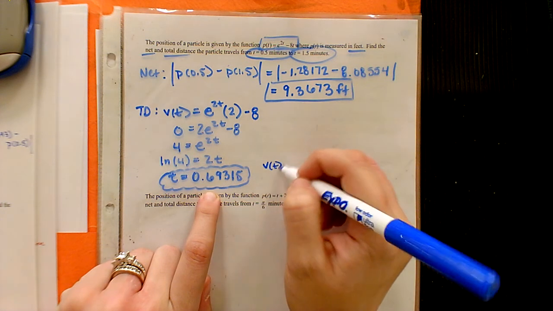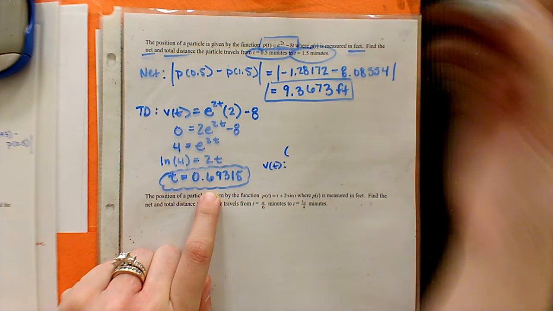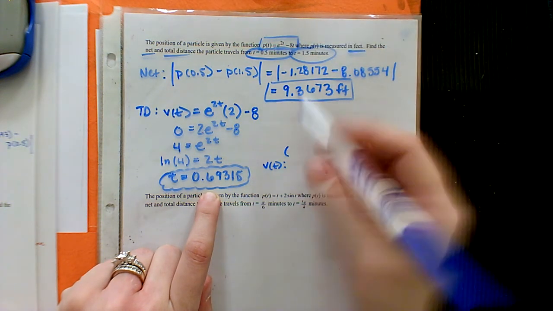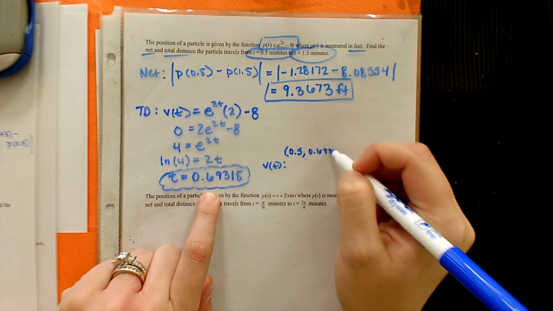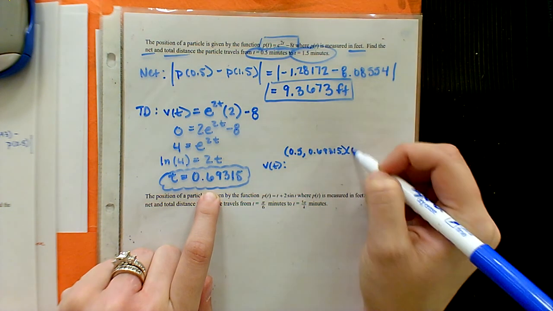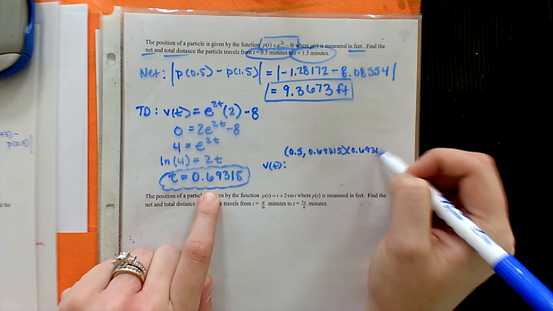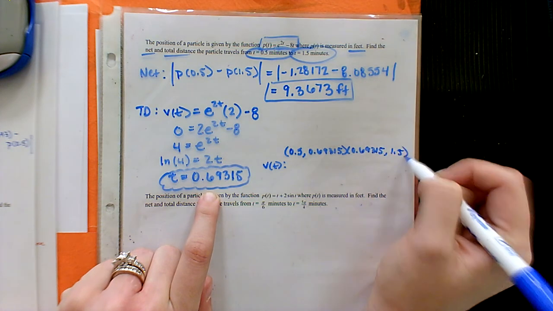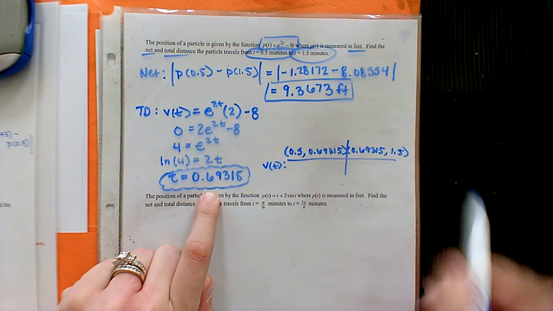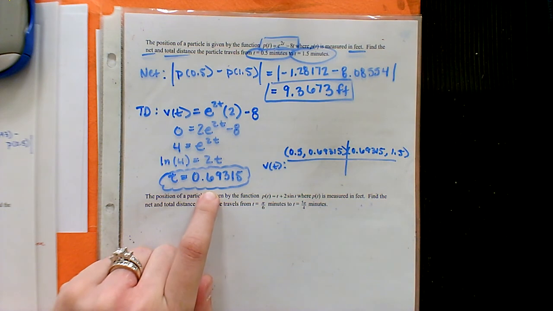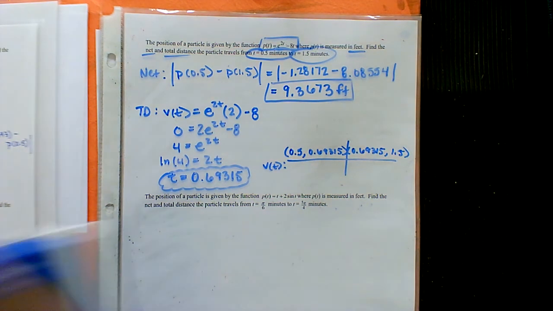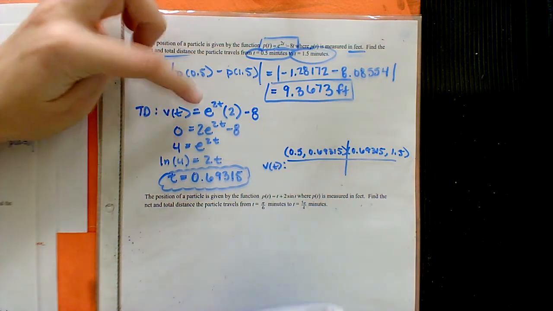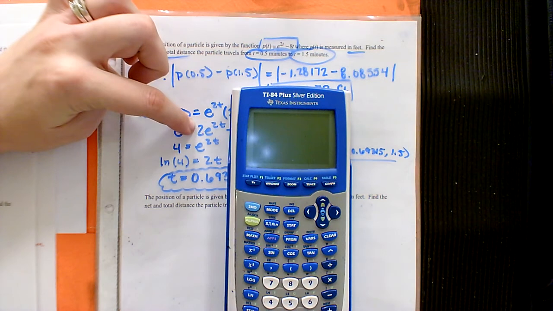So v of t, let's see, according to our interval, we're just going to go from 0.5 to this 0.69315, and then this same point to 1.5. So let's see. Pick a number between 0.5 and 0.69315. 0.6. Okay, we're going to plug it into the derivative.